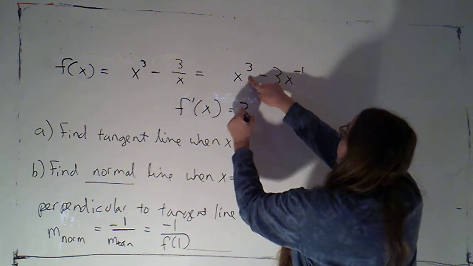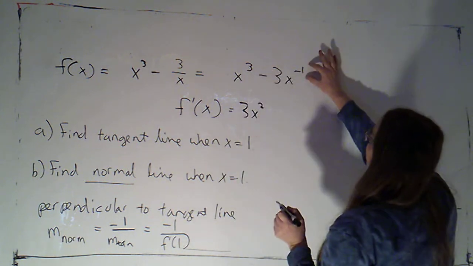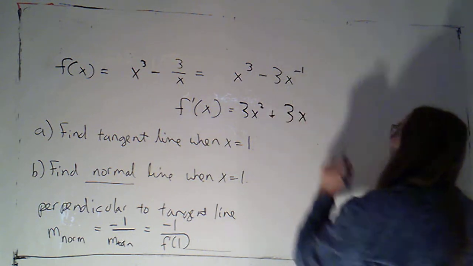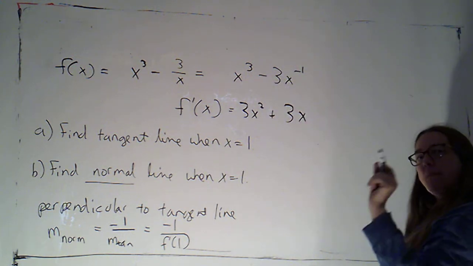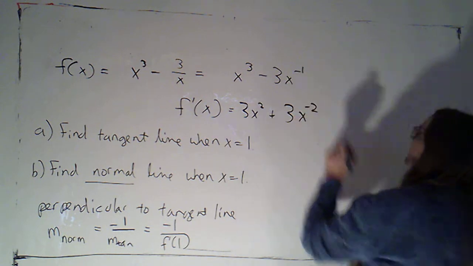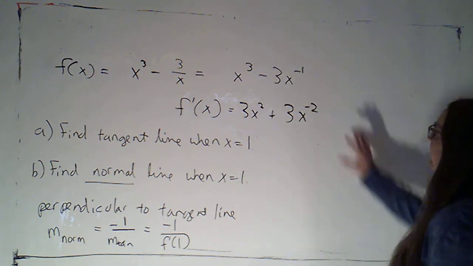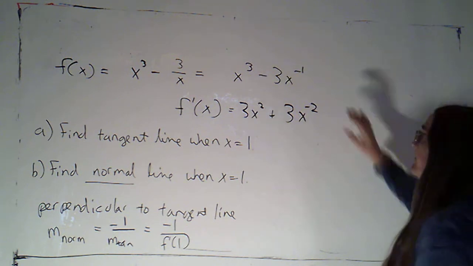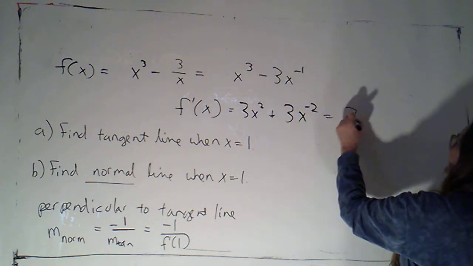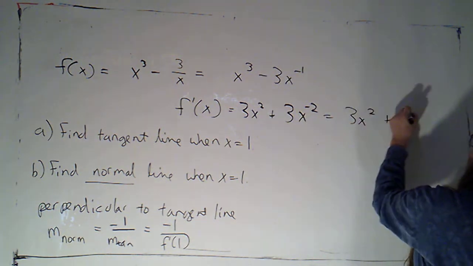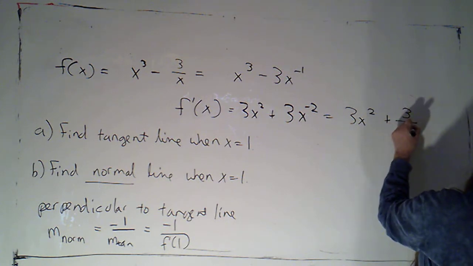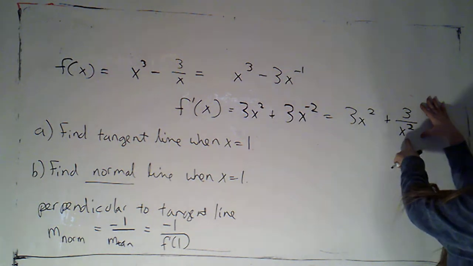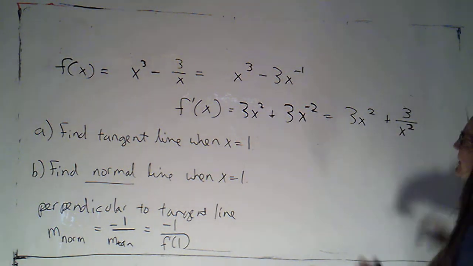And that's just going to be 3x squared. That negative combines with that negative to become plus 3x to the negative 1 minus 1 is negative 2. Now, if I were just taking the derivative, I'd probably stop there. Because I'm going to be evaluating it at a point, I might choose to rewrite that second term as 3 over x squared. I find that's a little easier to plug into. Okay.